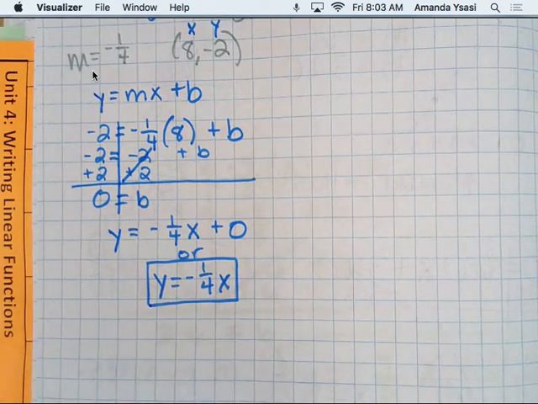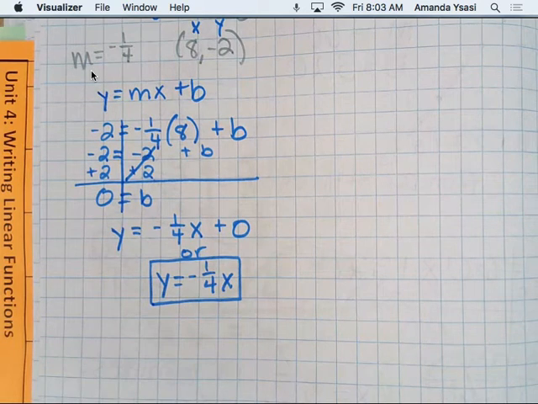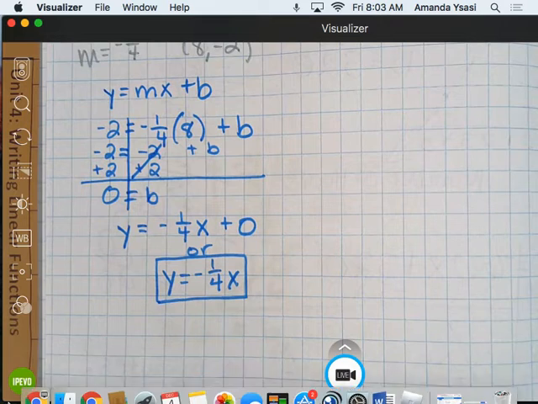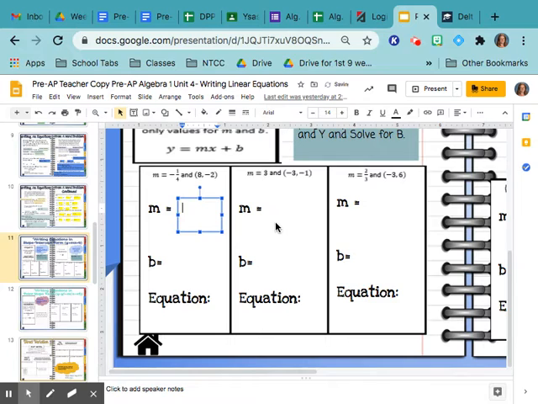We did this before. Do y'all remember doing this? I think we did it with the graphs. Let me pull up, so we can write on here. Let's go ahead and fill it in. The slope is negative 1/4. Or you can do it like this.